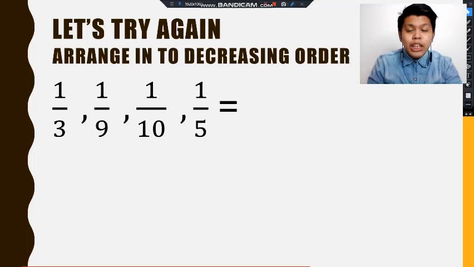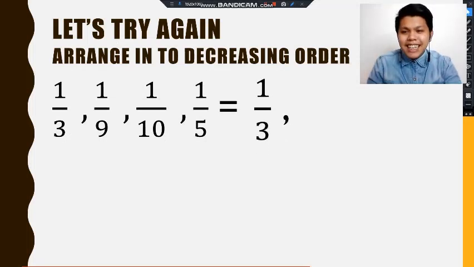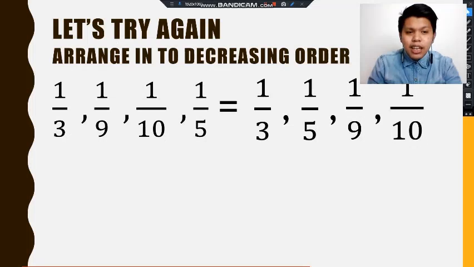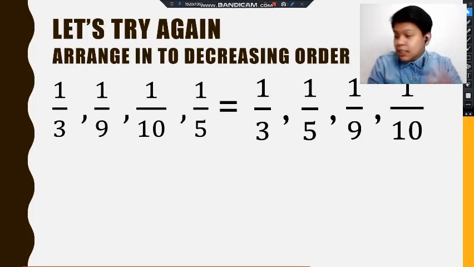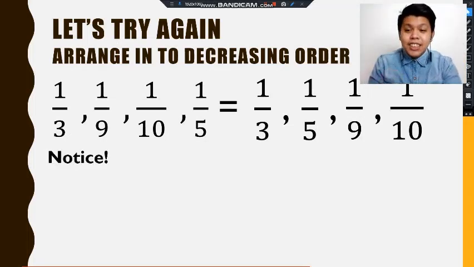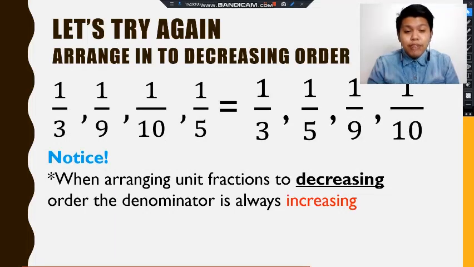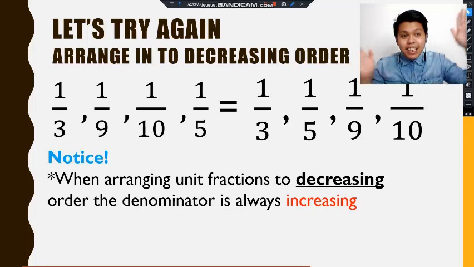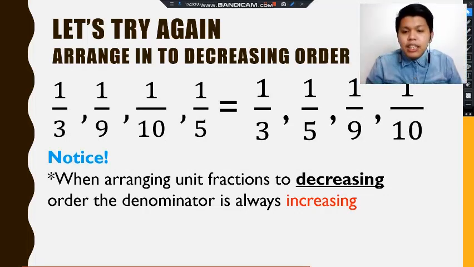So begin with the smallest denominator, which is our 3. 1/3, then next is 1/5, 1/9, and 1/10. What have you noticed? Okay, great. You notice that when arranging unit fractions to decreasing order, the denominator is always increasing.